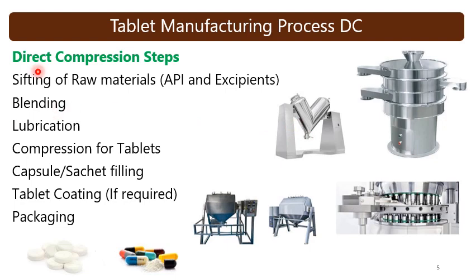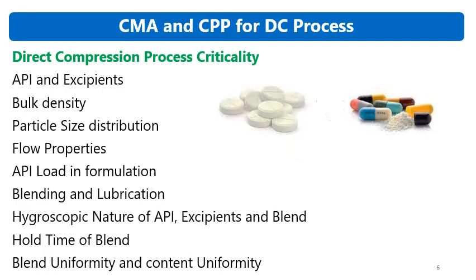So that can go to compression for tablet formulation or capsule filling for capsule formulation. Sachet filling can also be performed depending on the product. Then the last stage is tablet coating if it is required, and the packaging. Packaging may be in the bottles or blisters or strips. So this is the general manufacturing procedure for direct compression.